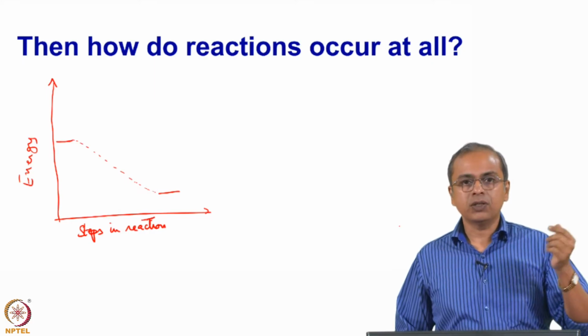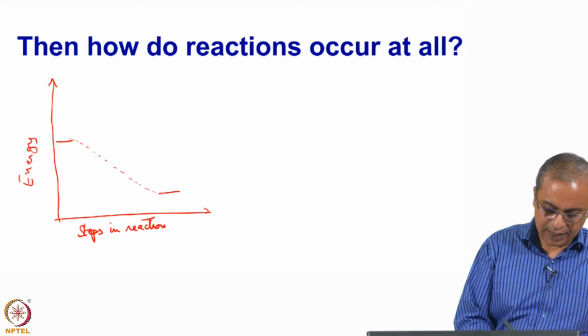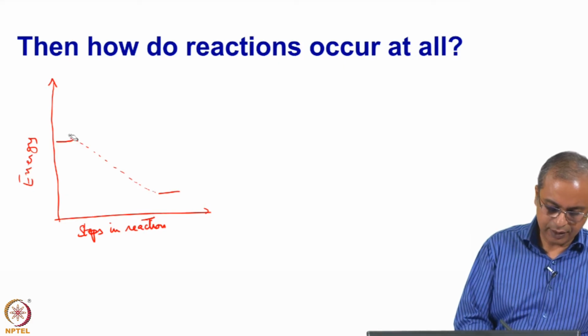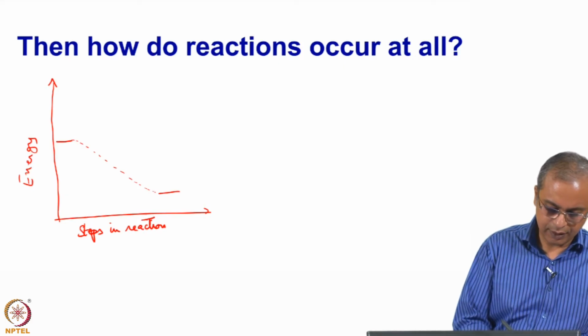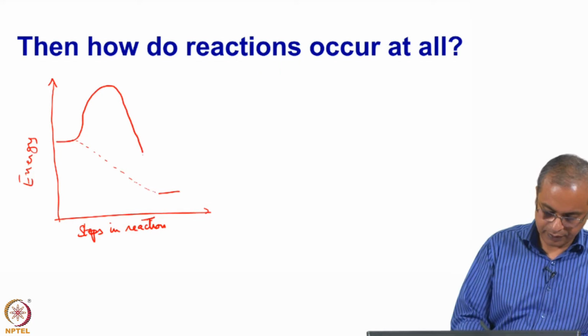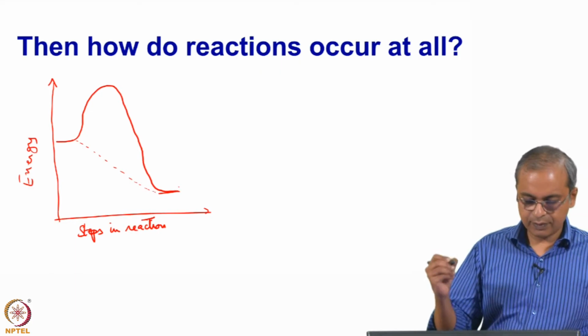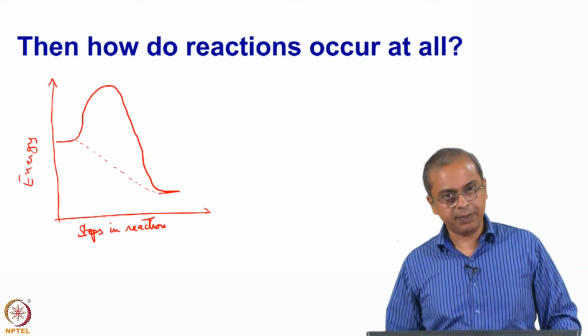So, in reality what is happening is that it is not happening that way, it is starting here, and actually going up in energy and then coming down. So, this is the process that is actually happening.